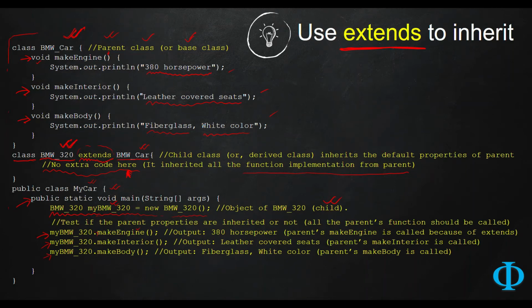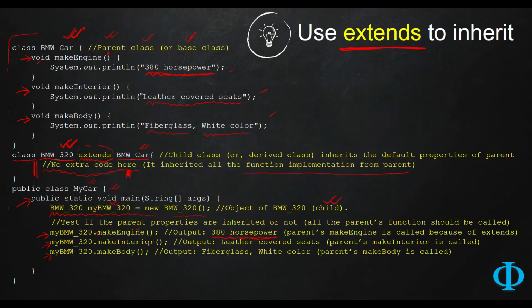What you can notice here is that although it is not at all implemented inside this child class, because there is no extra code as you can see here, it will still print this 380 horsepower. This make engine will print 380 horsepower, which means it directly accesses the default parent implementation.